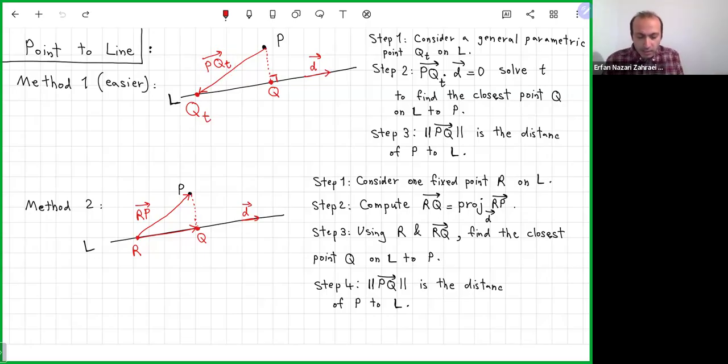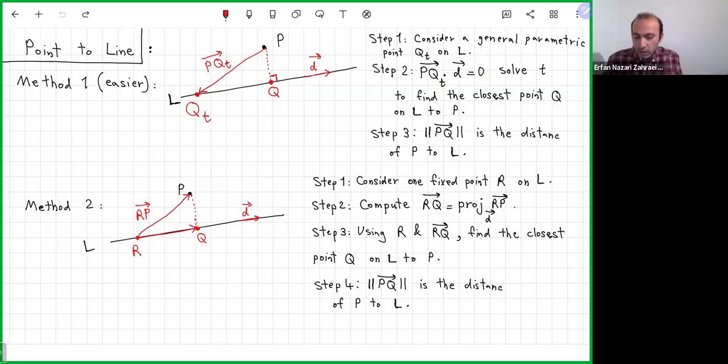Then I ask myself, what is the closest point to P on the line L? The condition for being the closest point is that the vector connecting P to Q is perpendicular to the line. Perpendicular to the line means perpendicular to its direction vector D. So I just write down this condition that PQT dot product with D is 0. That means it's perpendicular to the line.